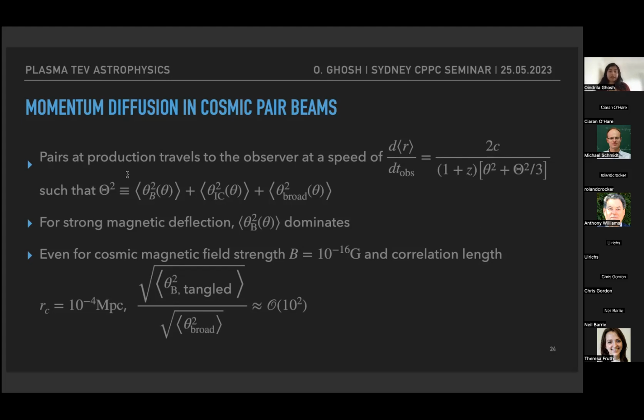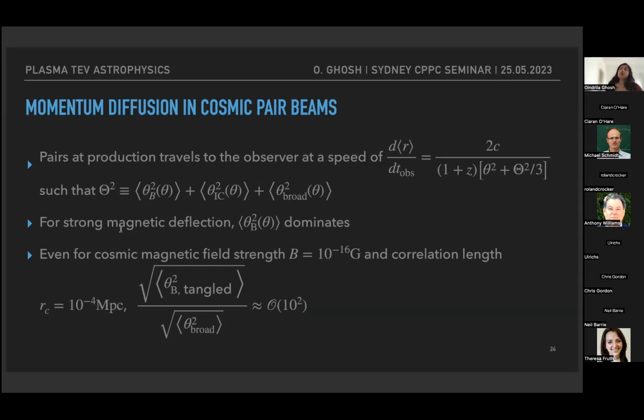And if you look at the total time delay from magnetic deflection, inverse-Compton, and this instability-assisted broadening of the beam, you notice that for strong magnetic deflection, this term dominates over everything else.